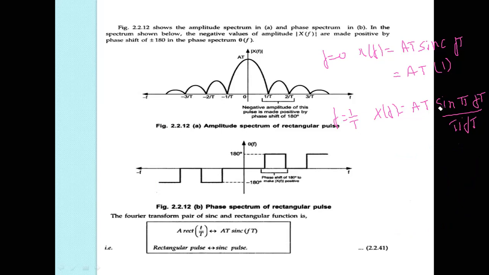Without substituting the value, X(f) = At sin(πft)/(πft).